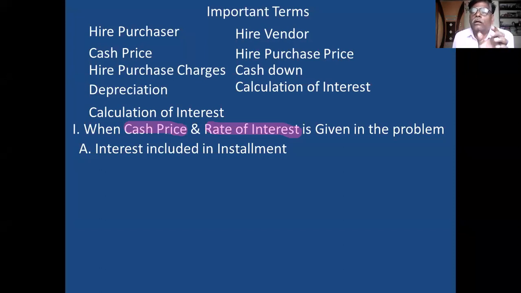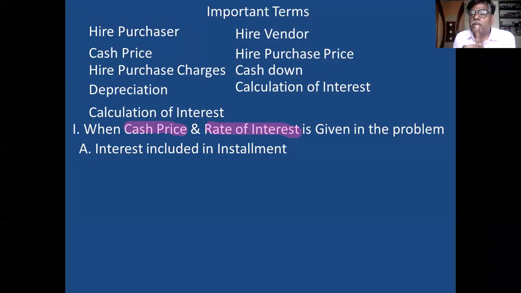If you take the total payments made by the purchaser, that means by way of cash down, first installment, second installment, third installment, up to all the installments, you take the total of all the payments made by the purchaser.